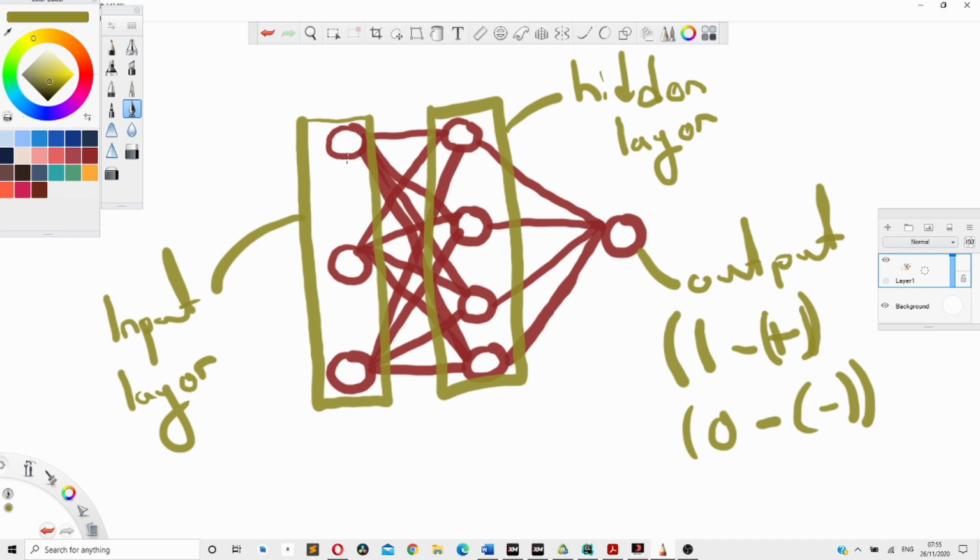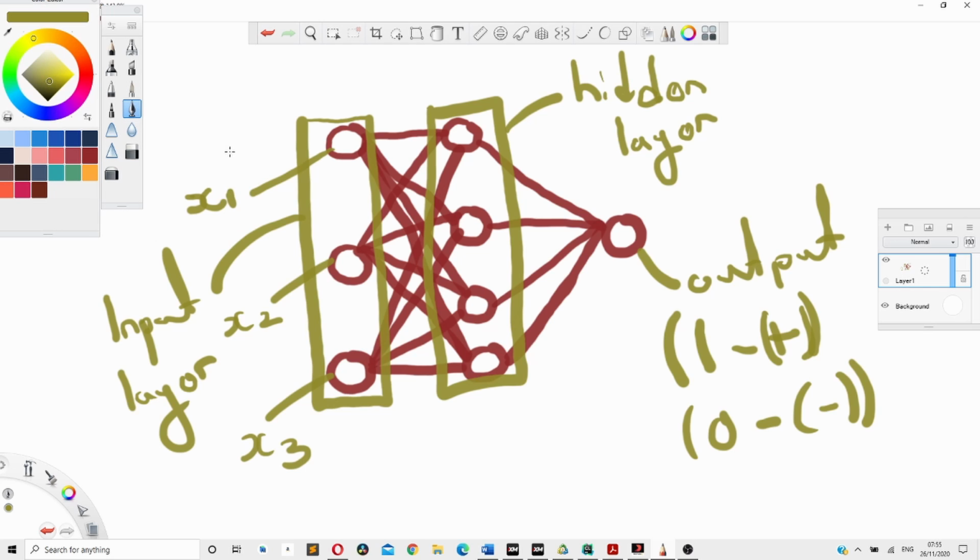These are single neurons. In our input layer, we have 3 neurons. In our hidden layer, we have 4 neurons, and our output layer is just 1 neuron. The input layer receives data from our features, let's say x1, x2, and x3.